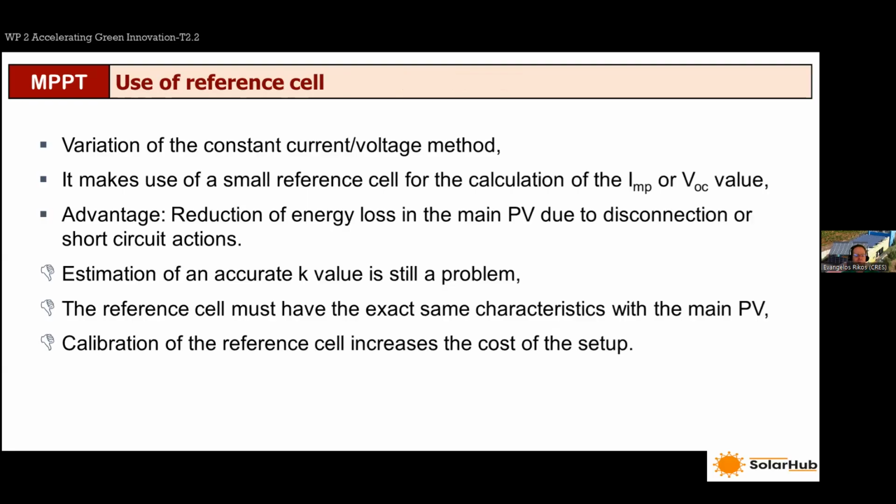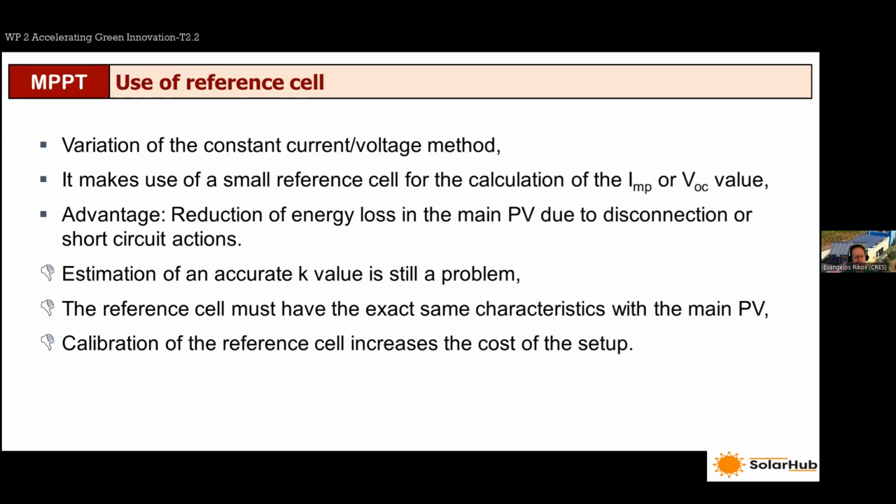Similar to those two methods is the use of a reference cell, in which we make use of a small reference cell in order to calculate the short circuit and the open circuit values, and then, of course, the IMP and the VMP values.